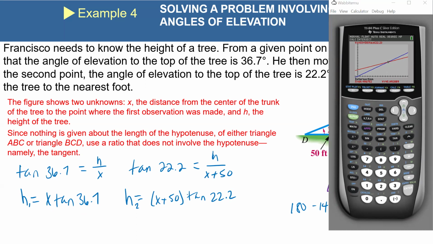So now that we know the value of X, what's the height? It tells us. What did it say? 45.1. We know that the height is 45.1 feet. Oh, it says nearest foot, so just 45 feet.